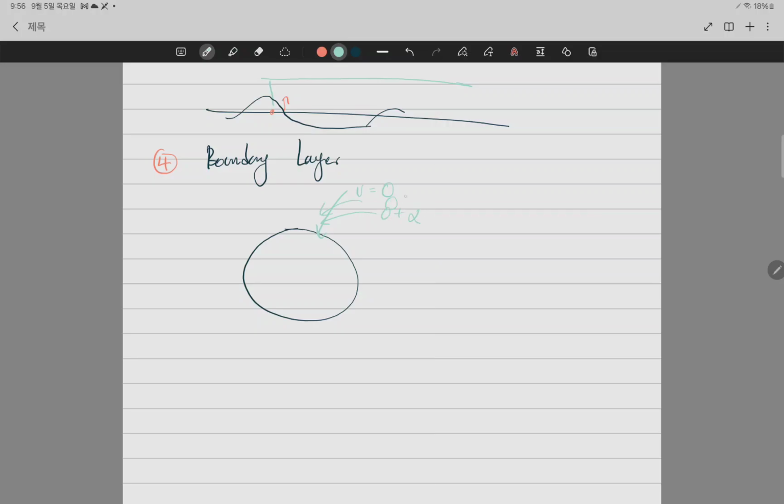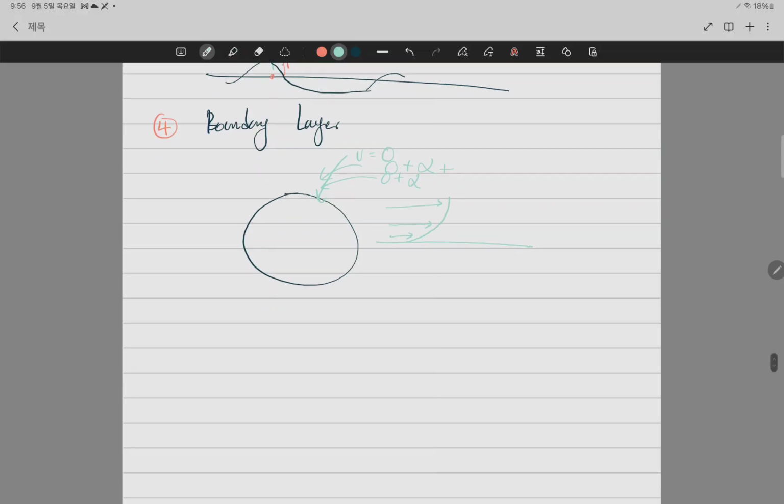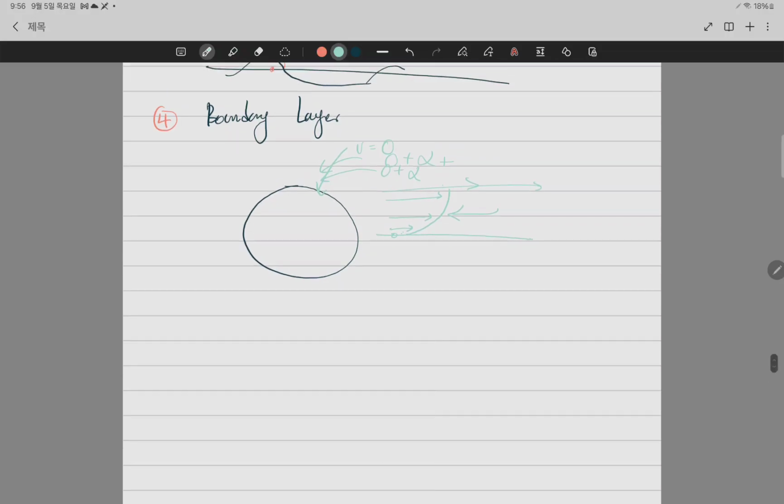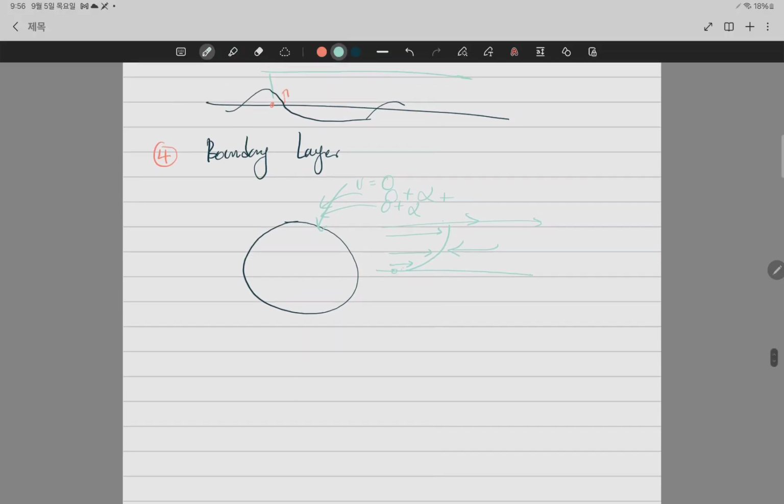This would be 0 plus something bigger, and so on. So there will be a little bit of area where the velocities are smaller, right? It's 0 here, and outside velocity is, let's say, this much. Then in these areas, while the velocity here is catching up, it would have a slower velocity.